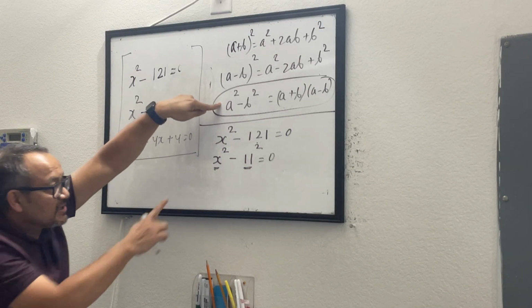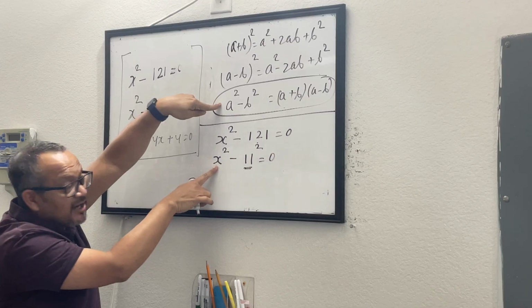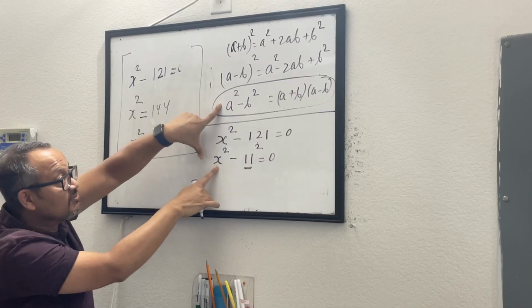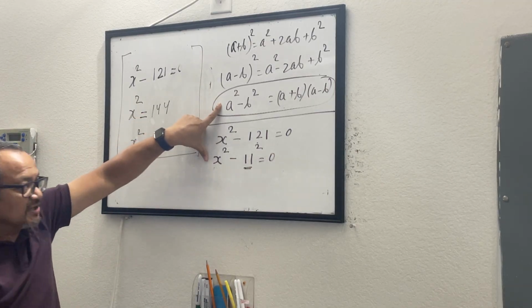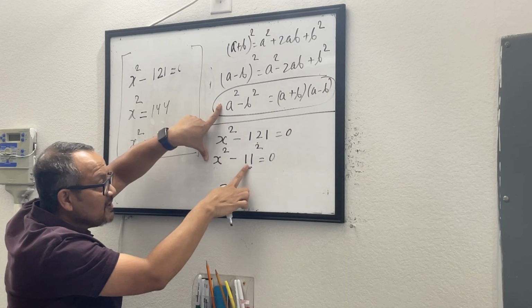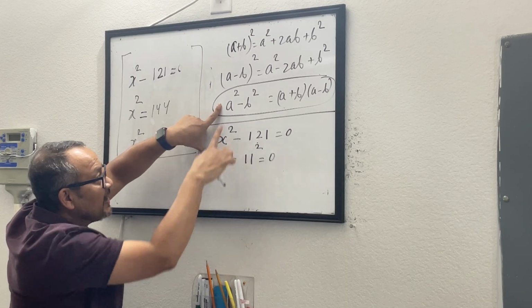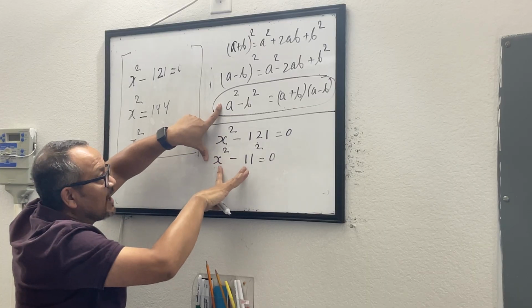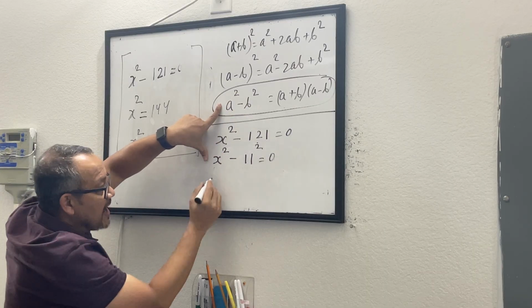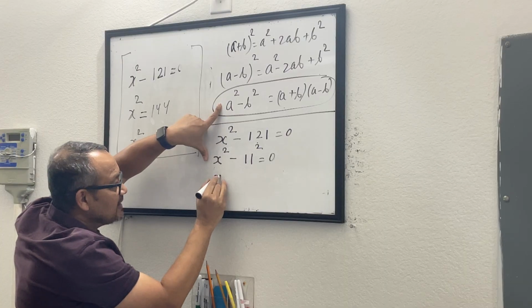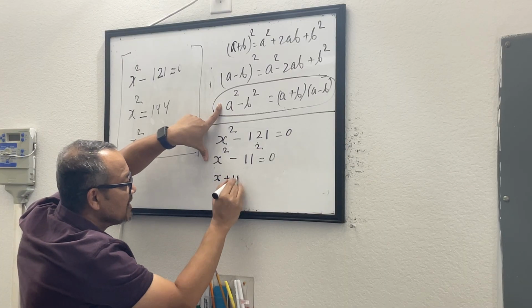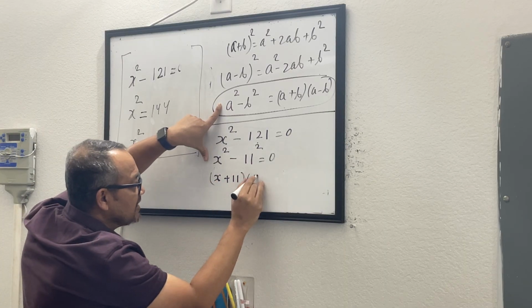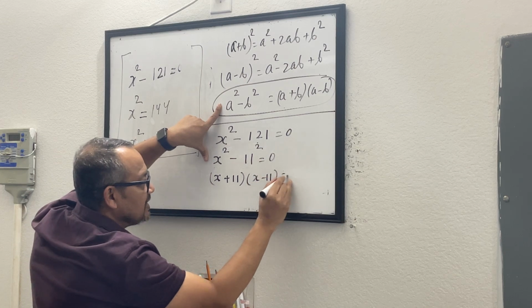Yeah? So this x squared is nothing but A squared. I am comparing these two equations now. So this is my A squared, this is my B squared. So if I marry this equation with this value with this equation, I can rewrite this as x plus 11 times x minus 11 equal to 0.